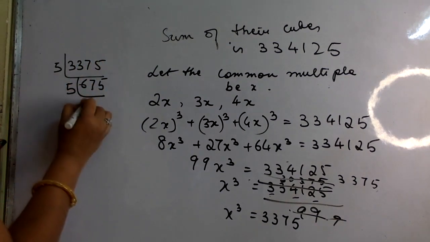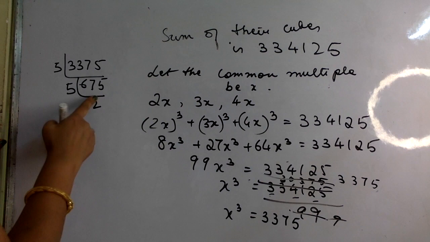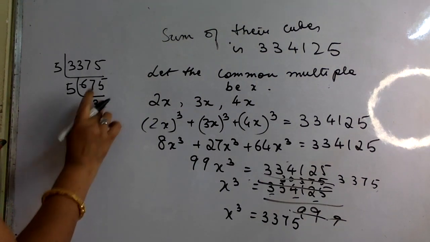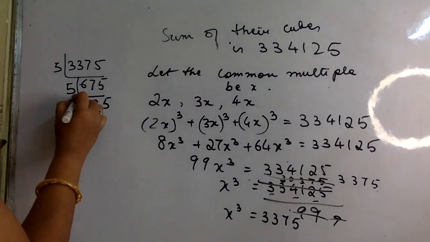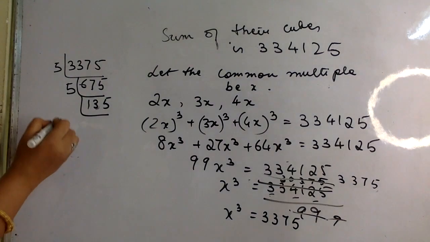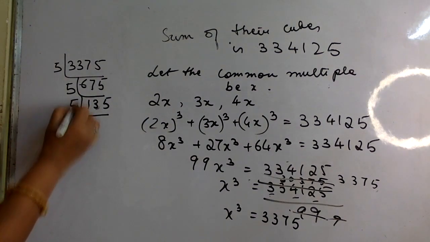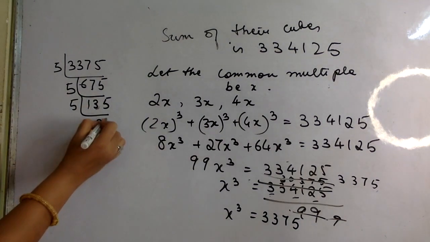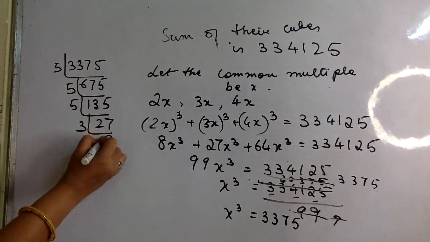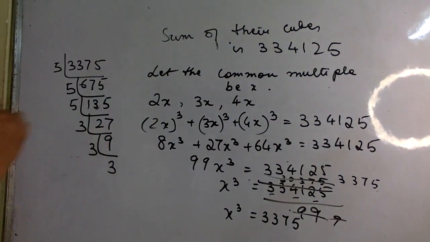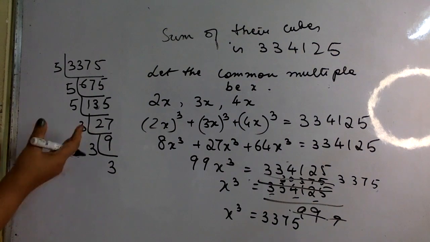So we get 675, then 135, then 27, then 9, then 3. So I think I can almost see the cube root now.